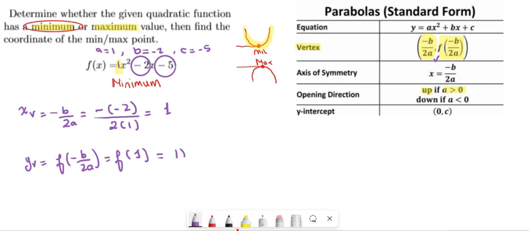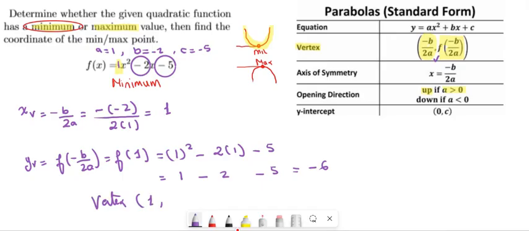It's 1 squared minus 2 times 1 minus 5, which turns into 1 minus 2 minus 5, which is minus 6. So your vertex has the coordinates 1 for the x, minus 6 for the y.